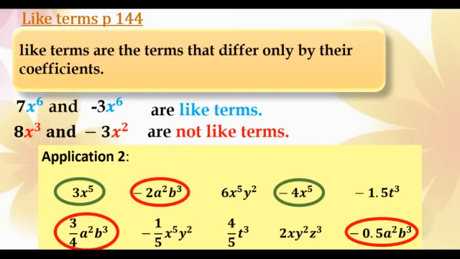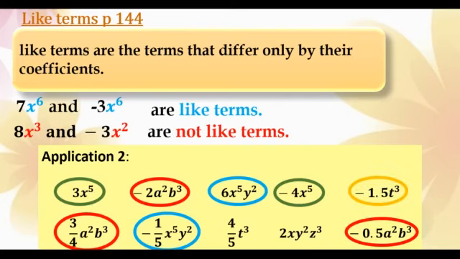These three terms are like terms. We have 6x over 5y squared, and minus 1 over 5x over 5y squared. Both of them have the same variables, which are x and y, and the same exponents on the variables. We have also minus 1.5 t cubed and 4 over 5 t cubed.